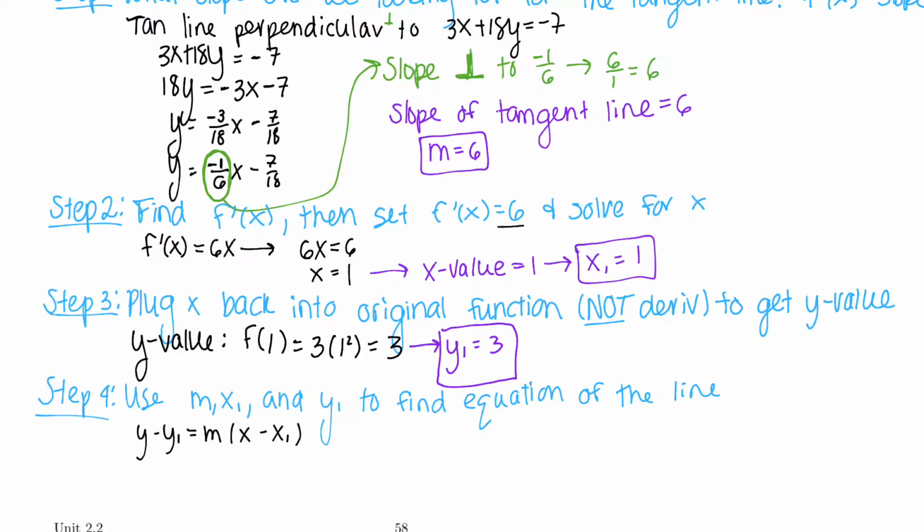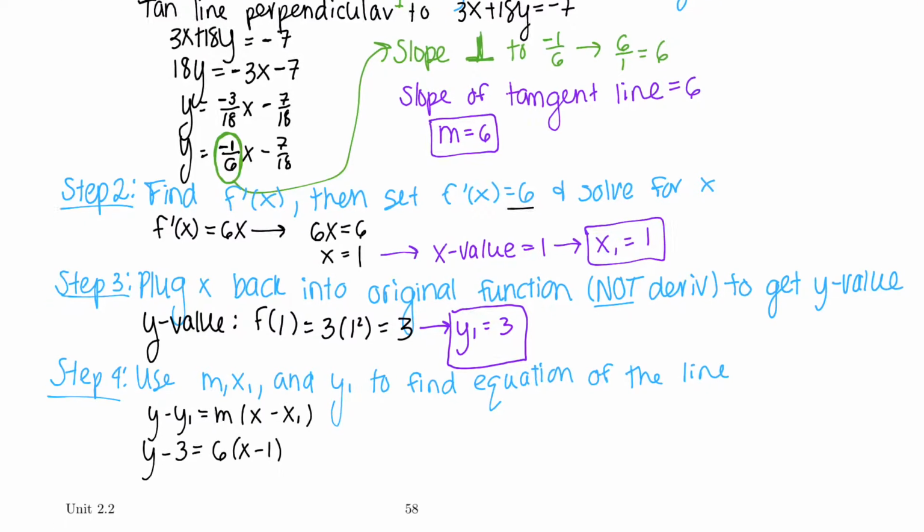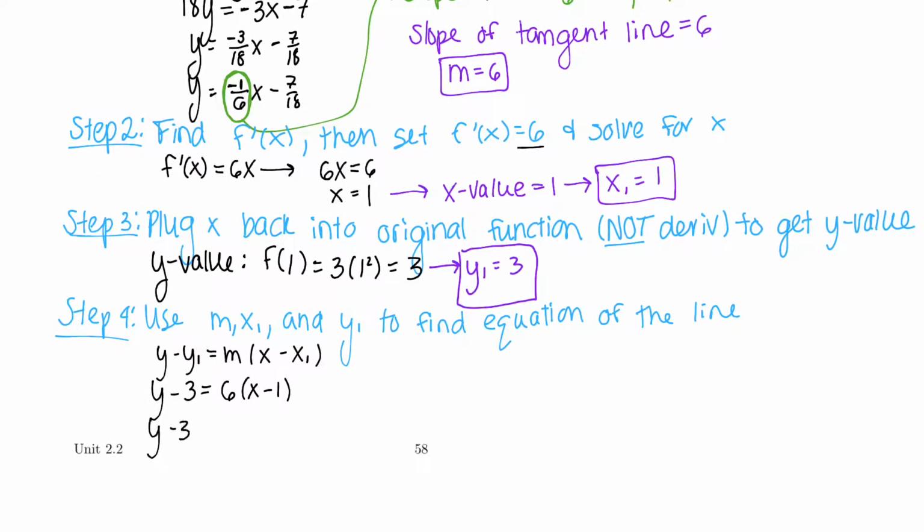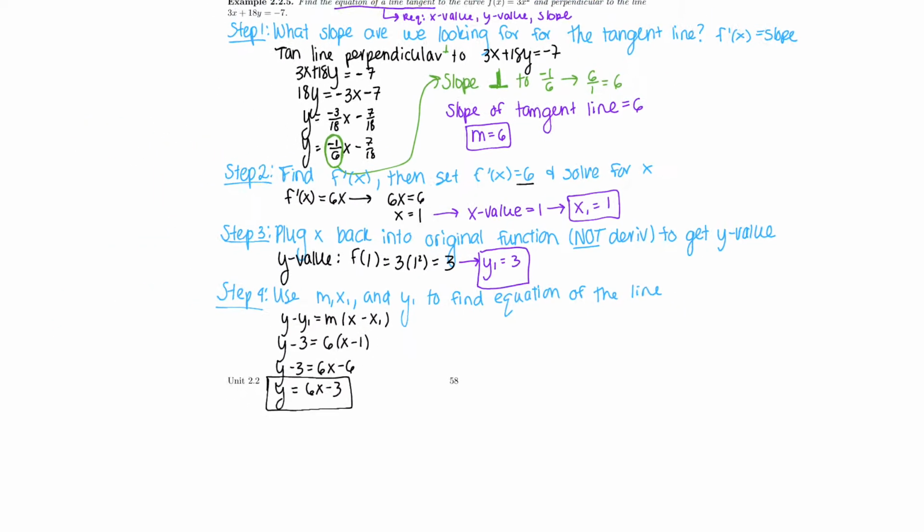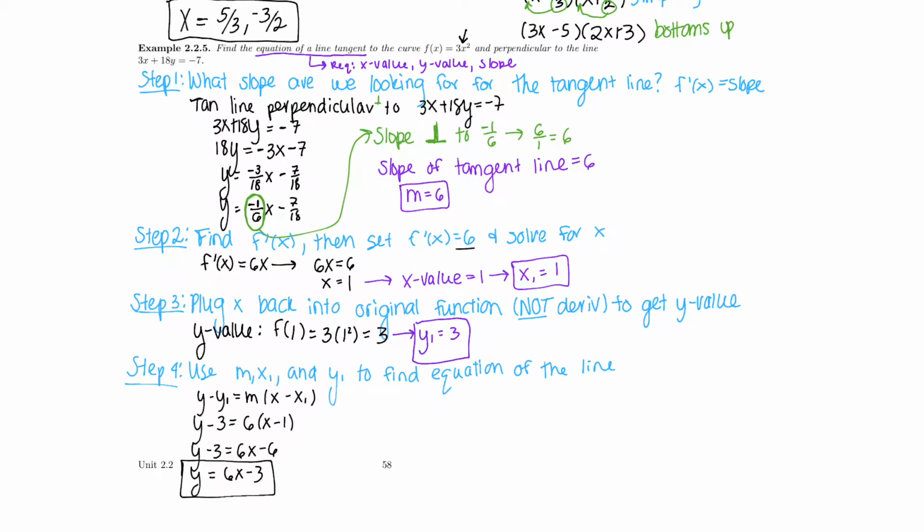Plugging it all in, we have y minus 3 is equal to 6 times x minus 1. Distribute the 6, you get 6x minus 6. Add the 3 on both sides, and you get 6x minus 3. That is the equation of the line that's tangent. It's tangent to this curve and perpendicular to this line.